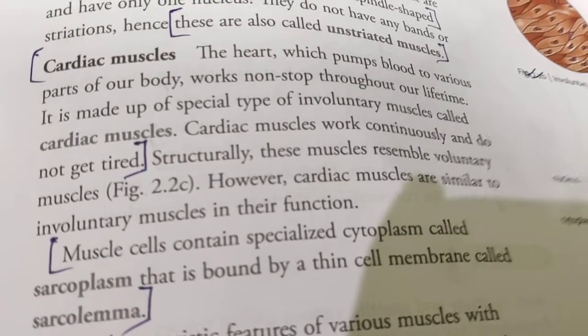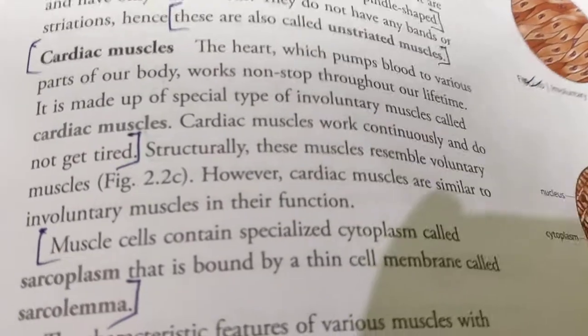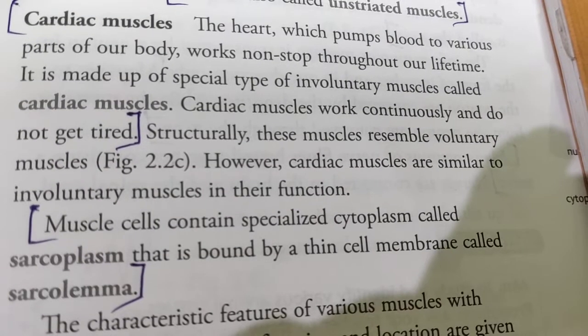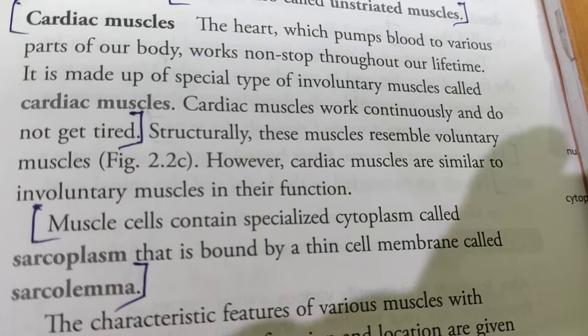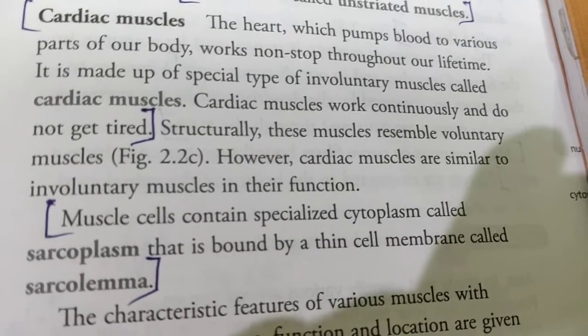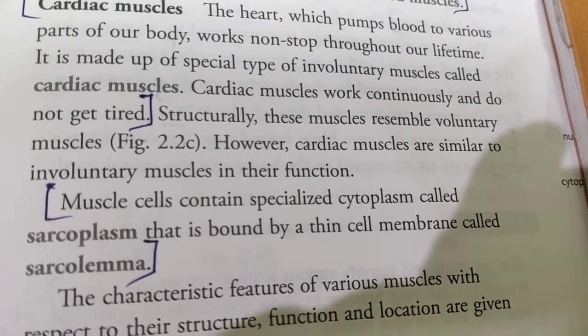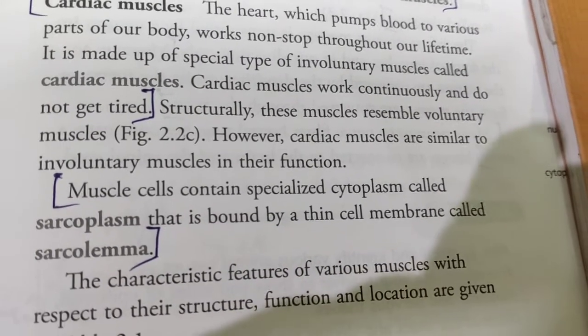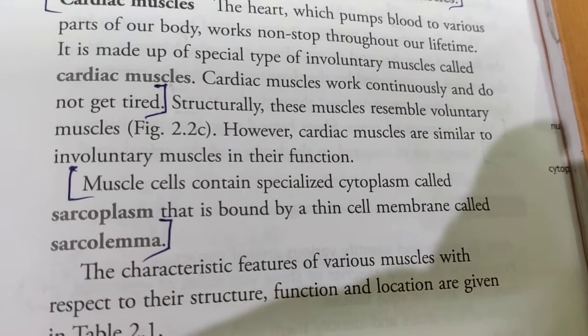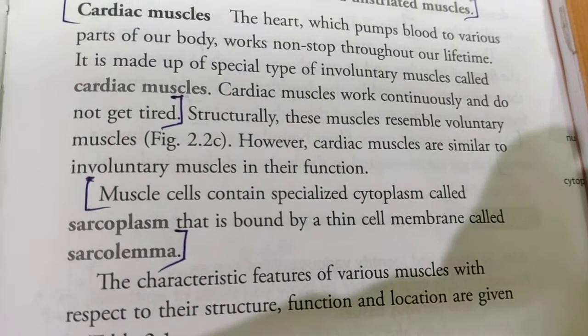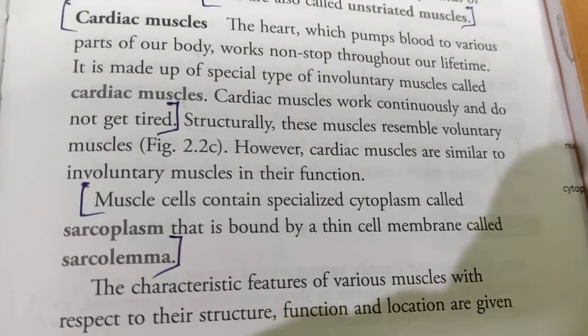It is made up of a special type of involuntary muscles called cardiac muscles. Cardiac muscles work continuously and do not get tired. Muscle cells contain specialized cytoplasm called sarcoplasm, that is bound by a thin cell membrane called sarcolemma. Okay, up to here will be the answer for number 3.